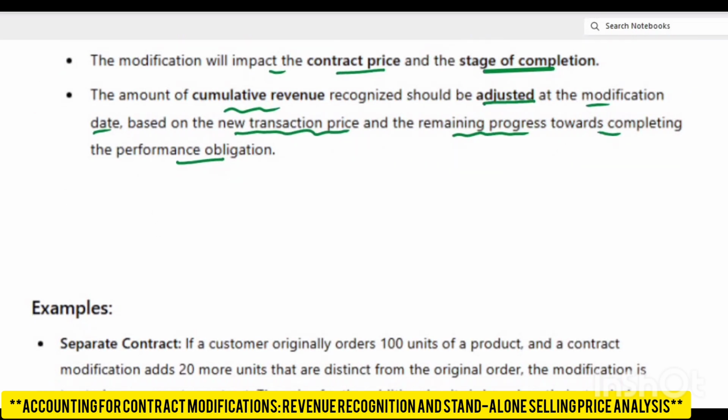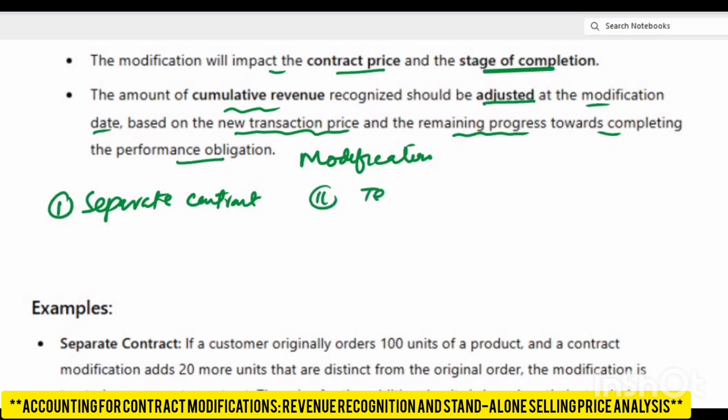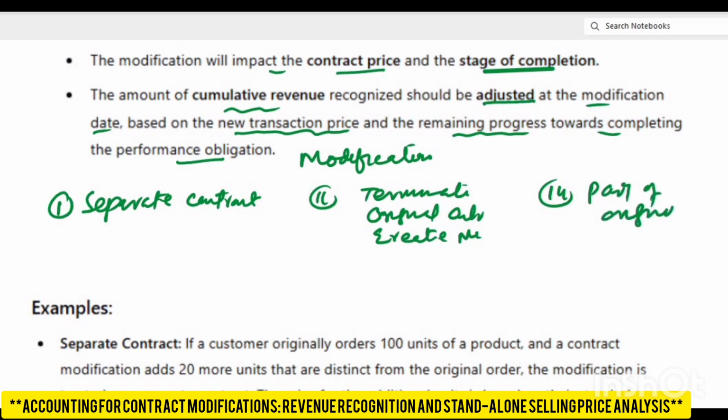Actually, the theme of this topic is that when a modification of the contract occurs, you have the first scenario, where you treat the modification as a separate contract; you may treat it as terminating the original contract and creating a new contract; or it may be part of the original contract.